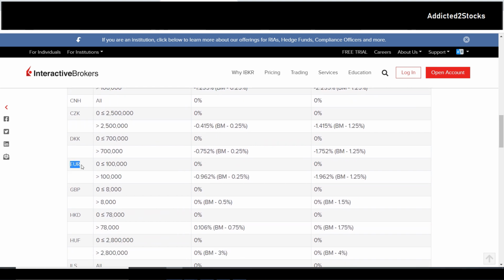If we take a look at euro, and for instance, we're holding more than 100,000 euros in cash, you'll be charged approximately 1%. So, for instance, if we have 105,000 euros in cash, the 5,000 euros will be charged interest at approximately 1%.